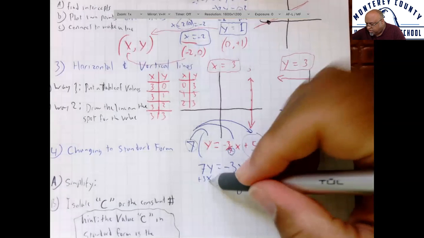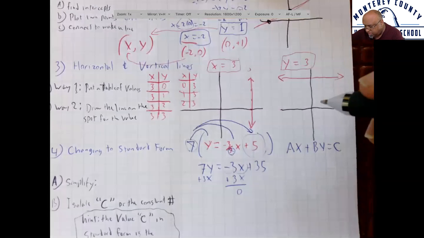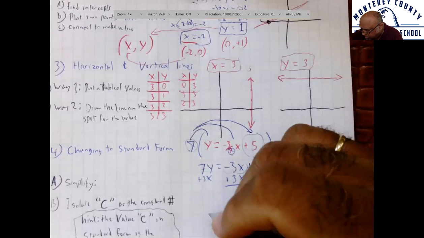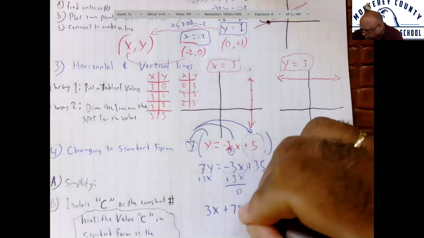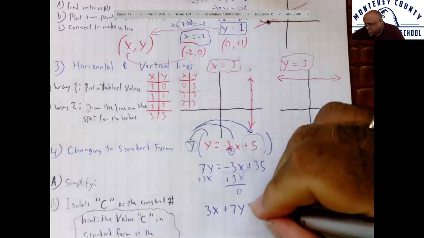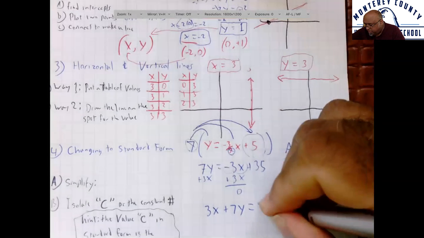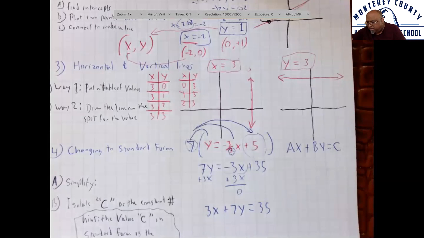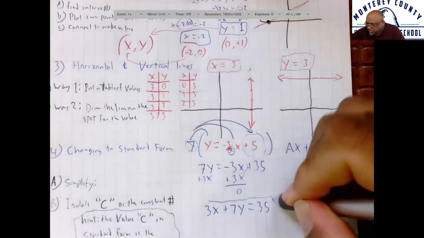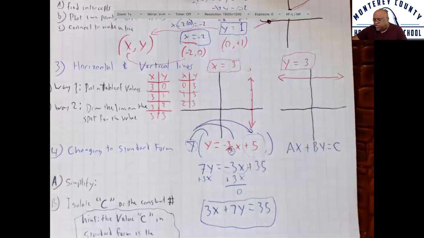Since those are not like terms, I cannot add them numerically, so I'm just going to write them as an addition statement of 3x plus 7y. Now, 35, or the value known as c in the formula, is going to now be isolated. So I now have the equation 3x plus 7y equals 35.